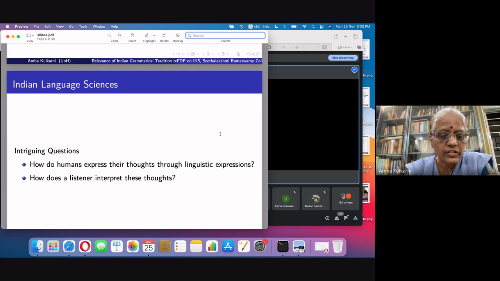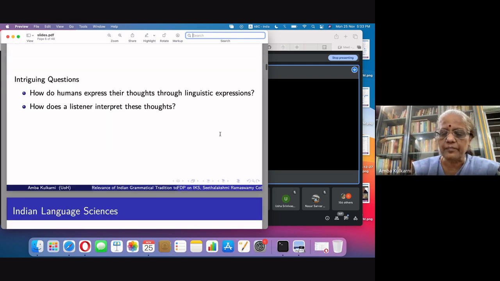Two intrinsic questions were being asked by the people in India who were developing these theories. How do humans express their thoughts through linguistic expressions? How does a listener interpret these thoughts? So there are two things. Whenever a communication takes place, a speaker expresses his thoughts through linguistic expressions, and when a listener listens to them, they interpret these thoughts.